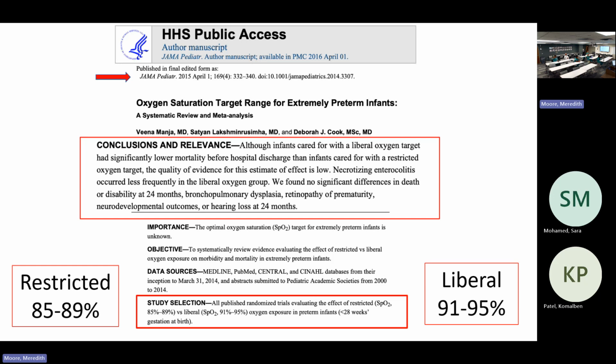But at least they survived, and they had a smidge more ROP. So if you get that board question, it's settled. It's not debatable anymore. Lower saturation is associated with higher mortality in premature babies.